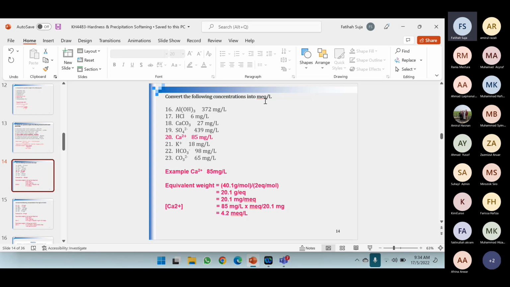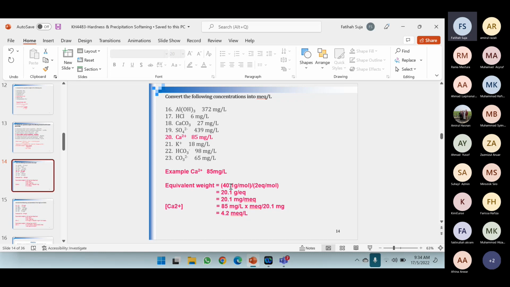Convert the following concentration into milli equivalent per liter. So you have 85 milligram per liter Ca2 plus. So you need to first get the equivalent weight first. So the atomic weight is 40.1 gram per mole for calcium, when you look at the table.